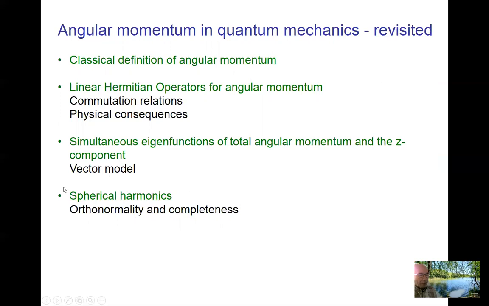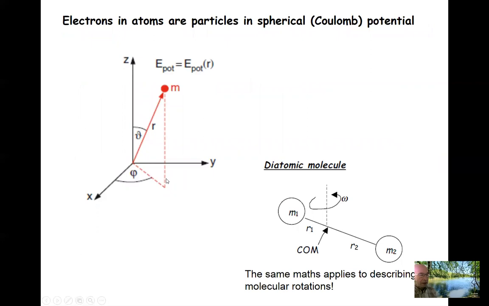And then we arrive at spherical harmonics, which are ubiquitous functions, which we all use all the time in all the calculations to describe the angular behavior of atomic orbitals. And so according to our postulates, we also need to check their orthonormality and completeness, and then use them for representation of other functions. So let's go quickly through what is important in these derivations.